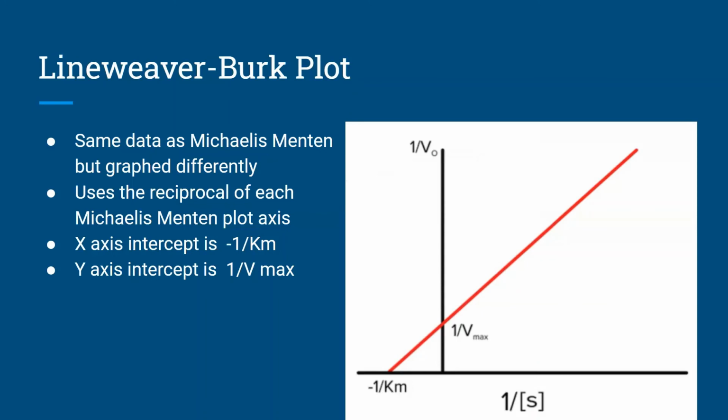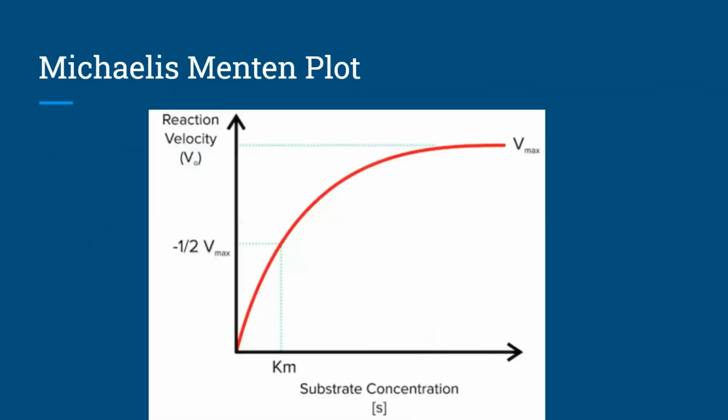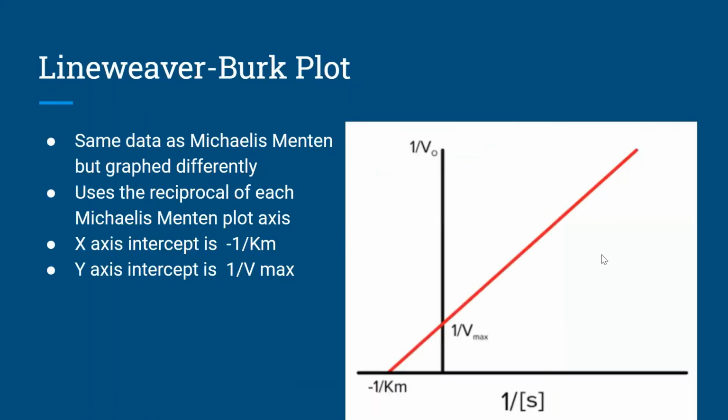And as you can see on this graph, it's kind of hard to identify 1/2 Vmax and Km, because you have to guesstimate where the middle is, where the 1/2 of Vmax is, and then you have to guesstimate where the substrate concentration is. The Lineweaver-Burk plot simplifies it.